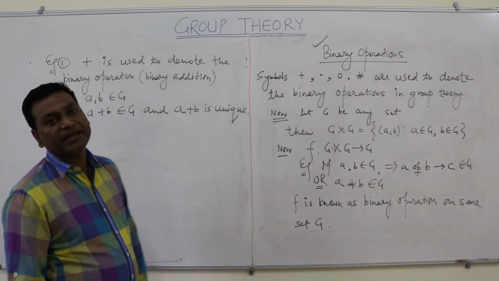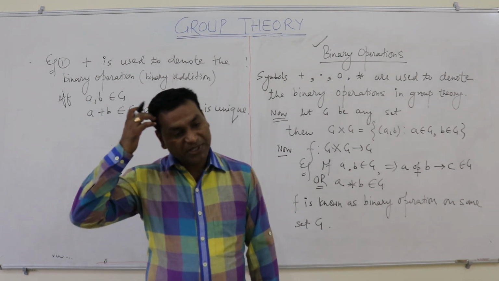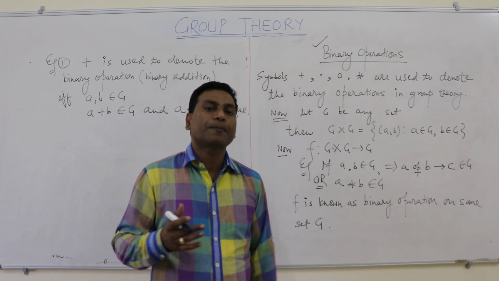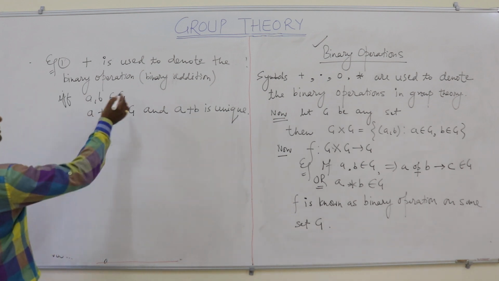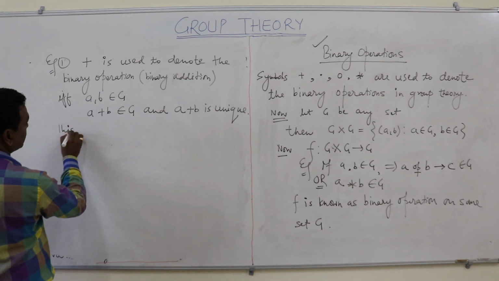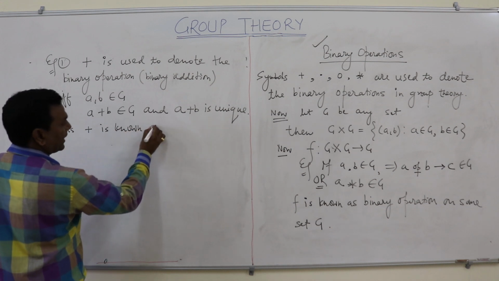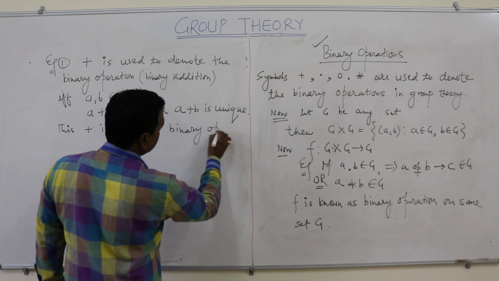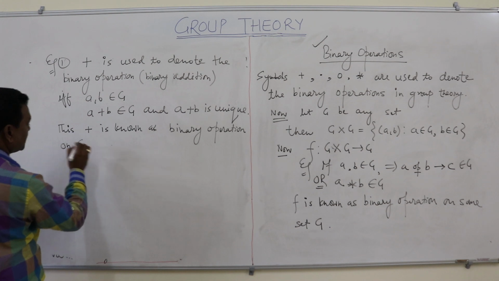It means if we are taking two elements A and B that belong to G and we are finding A plus B, in this case this binary addition is known as the binary operation on G.